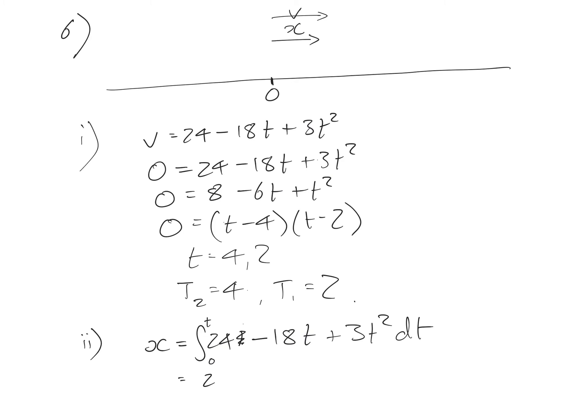So we've got 24t minus 18t squared over 2 plus 3t cubed over 3 plus c. c equals 0 as x equals 0 when t equals 0.